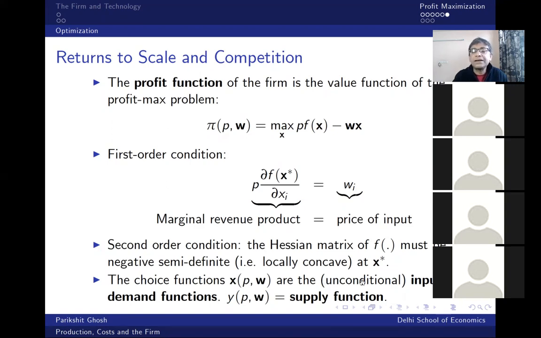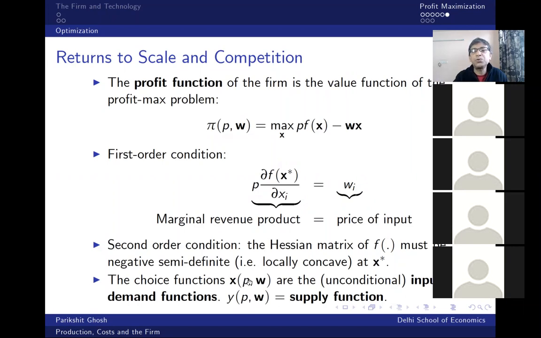And these are unconditional input demand functions. When we were looking at it through the lens of the cost minimization exercise, which is only a part of the profit maximization exercise, we got conditional input demand functions and conditional supply functions. Conditional input demand functions, because it was conditional on some arbitrary output level. Here, the functions are falling out of the full-fledged profit maximization exercise.